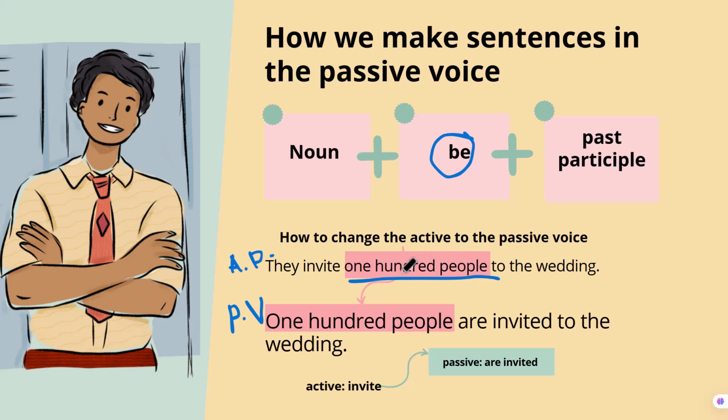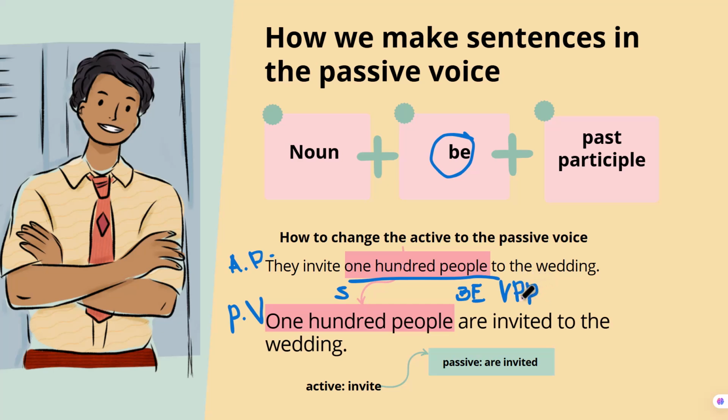So now they become the subject. What do we have here? The subject. Then our verb to be: are. Remember what we said: we, they, you are. Invited. Here it's our verb in past participle.